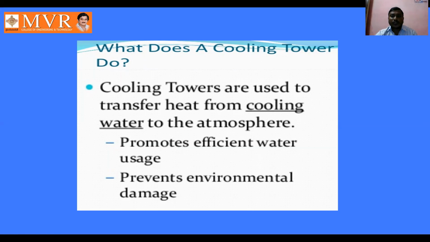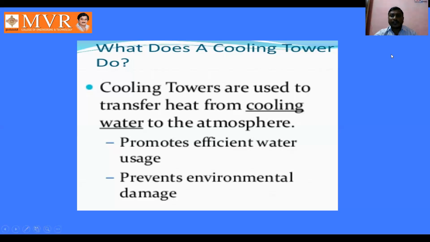We know the procedure: the hot water coming from the condenser is sprayed into the cooling tower, and the air coming upward, against the hot water coming down, carries the hot air outside to the atmosphere, and it gives cold water to the condenser again. This is what we have studied here.